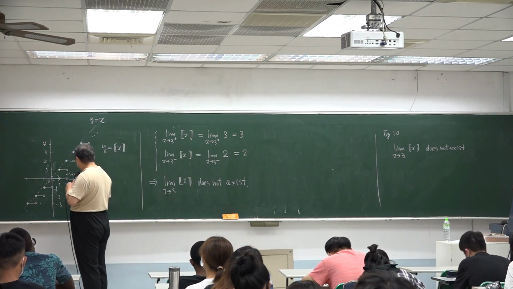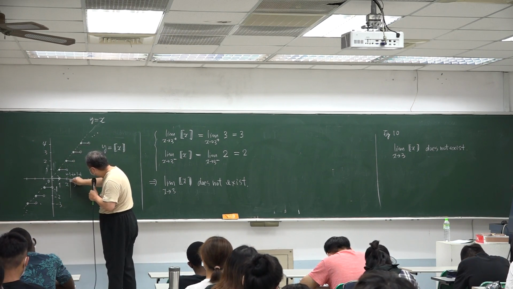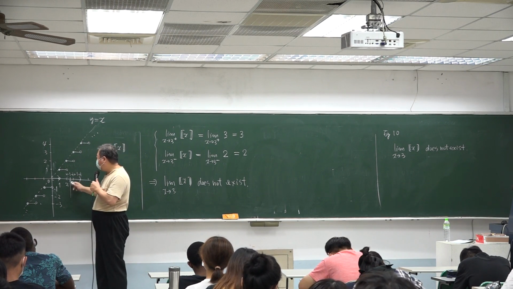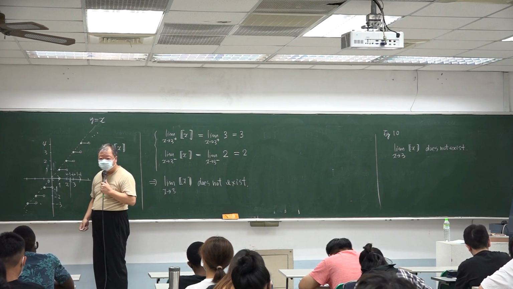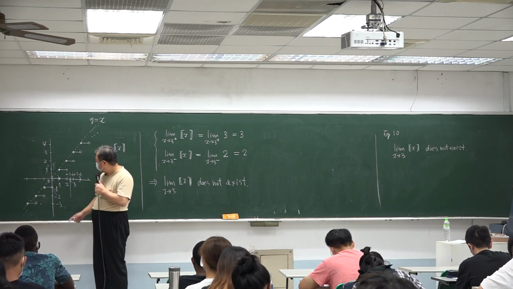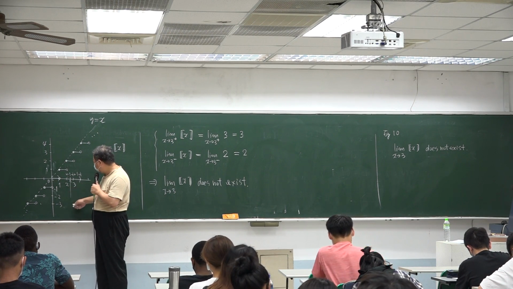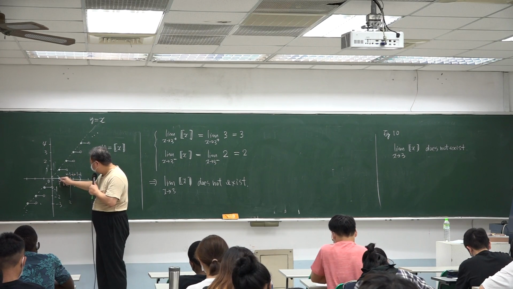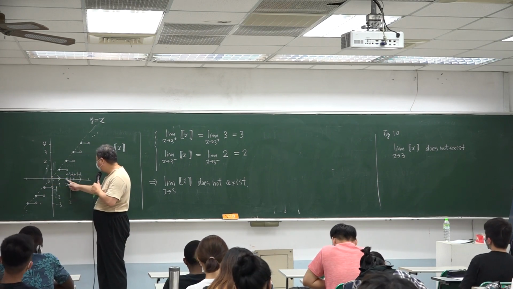When x is less than 3, for any x here, the greatest integer of x is 2, because the integers less than or equal to this are 2, 1, 0, minus 1, minus 2. So the greatest one is 2.